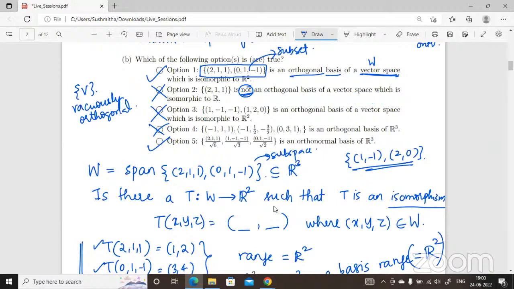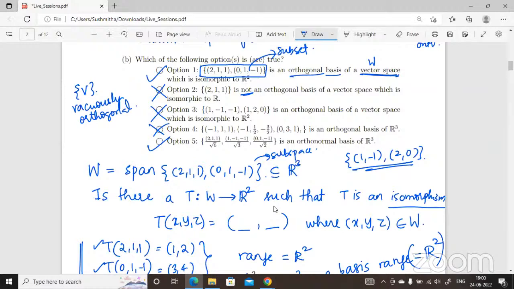Someone else had a doubt, right? Option 1 is correct and 3 is incorrect. Is it clear why option 1 is correct? With all that we did. In B also you can do the same thing and get it as isomorphic to R, but there is a word not here, no? That's why it is, no, option 3.